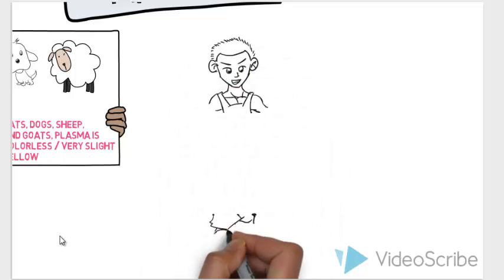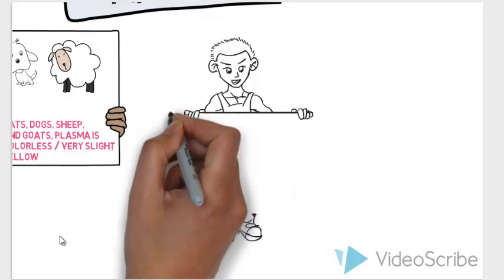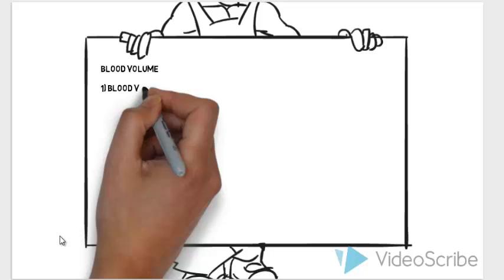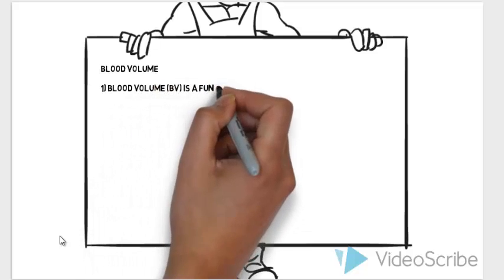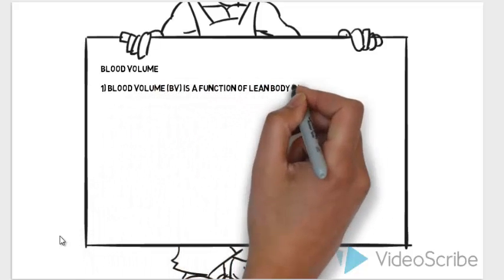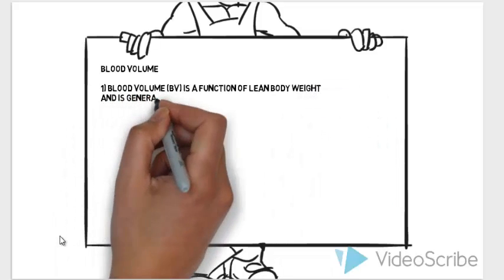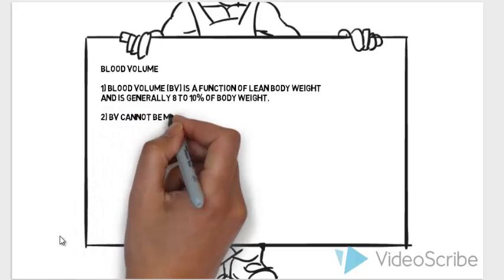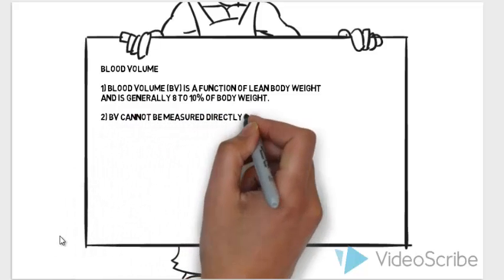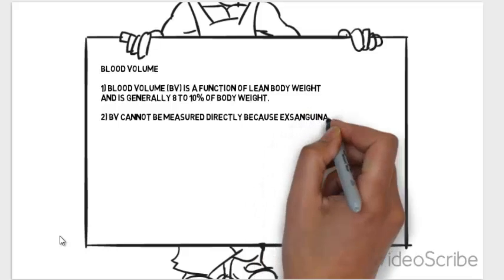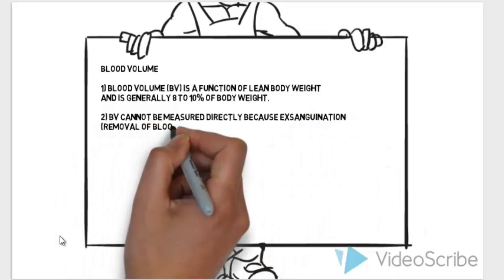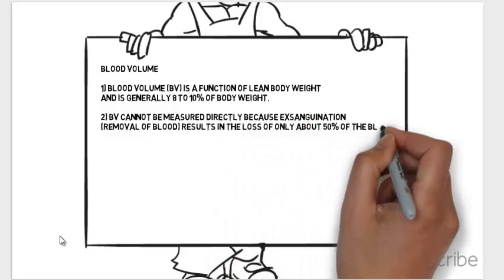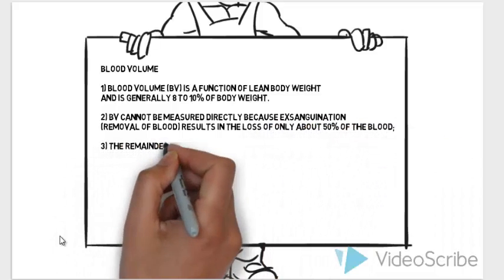Now, come to the other property, blood volume. Blood volume is a function of lean body weight, and it is generally 8 to 10% of body weight, which we have already discussed. Blood volume cannot be measured directly because exsanguination, removal of blood from body, results in the loss of only about 50% of the blood.